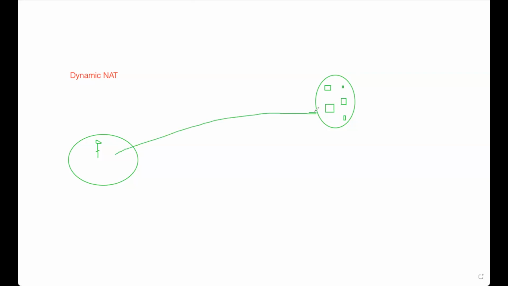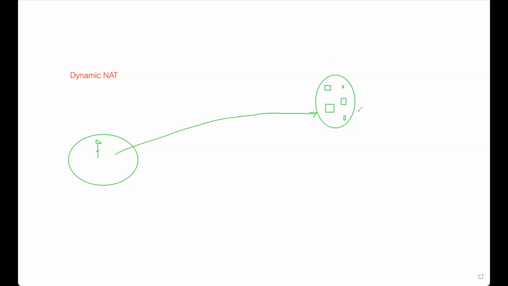Dynamic NAT means you have multiple servers, and these multiple servers need to get access from the internet from someone's home.